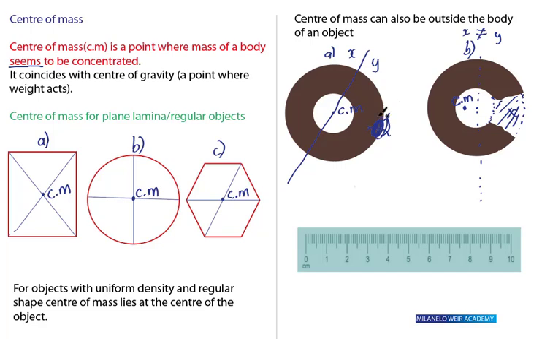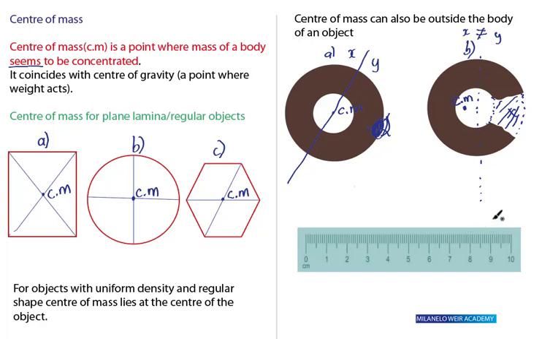So if we look at this ruler now, we see that it is from 0 to 10. This is a 10 centimeter rule. Supposing this rule is of uniform density, we see that the shape is regularly shaped, right? For the density to be uniform, it means it is made up of the same material and same thickness.